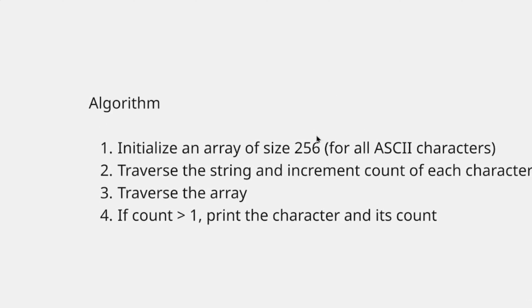Let's see the algorithm. At first, initialize the array of size 256, as I have already told. After that, traverse the string and increment the count of each character, then traverse the array, and if count is greater than 1, print the character and its count.